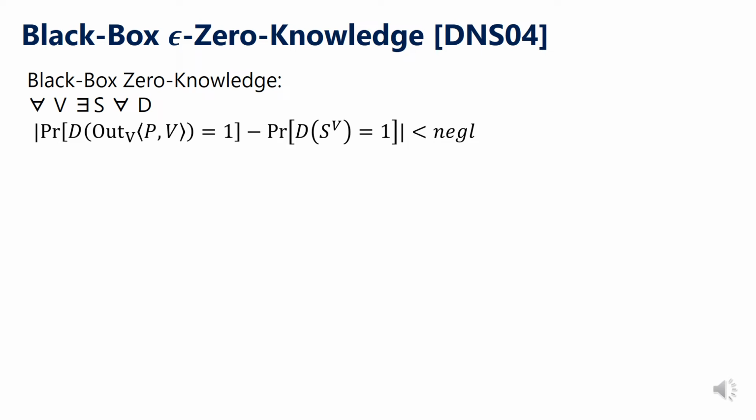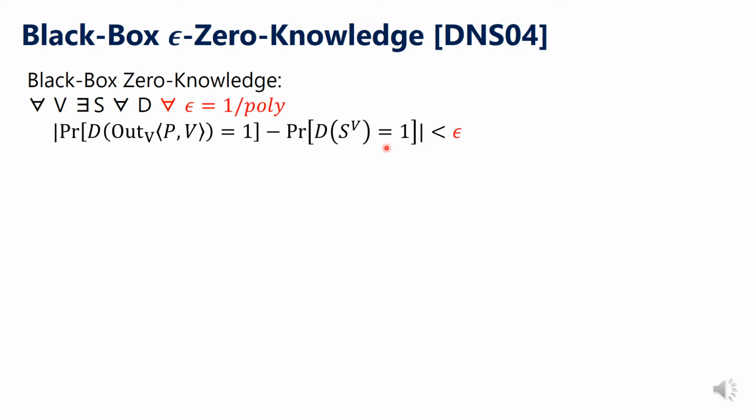So the standard zero-knowledge says that the difference between these two probabilities is upper bounded by a negligible function. So by the definition of the negligible function, this is equivalent to this: for any inverse polynomial epsilon, this is upper bounded by epsilon.